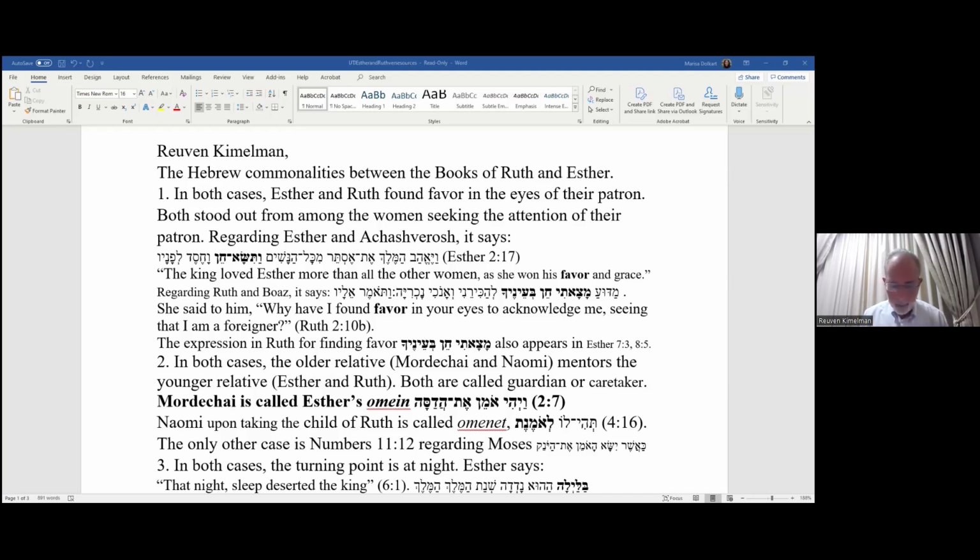First, regarding time, both stories take less than 2 years. Regarding place, both occur primarily in a single city. Beit Lechem for Ruth, Shushan for Esther. Regarding characters, both begin and end with the same characters. Mordecai and Esther for one, Naomi and Ruth for the other.